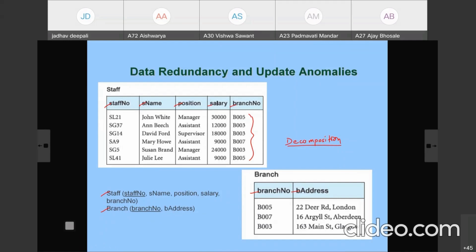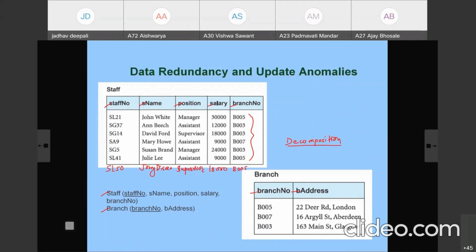Suppose I want to insert a new staff that I mentioned previously, SL50 Johnny D'Souza, supervisor, 18,000 salary, for B005. Easily we can insert, it is not necessary to insert the address here.